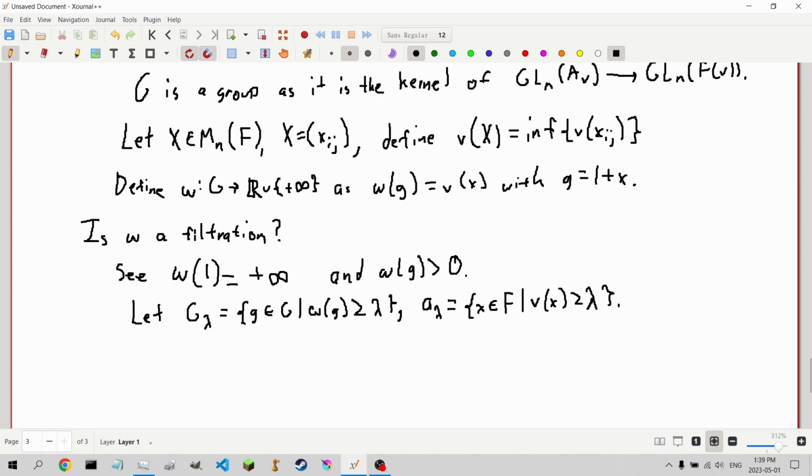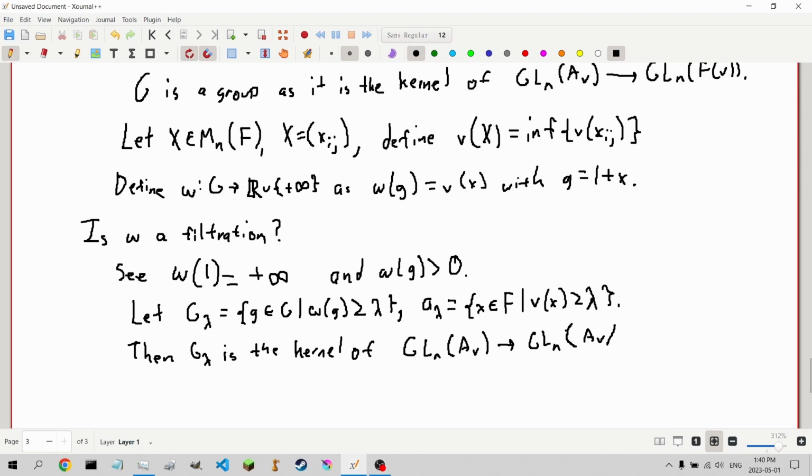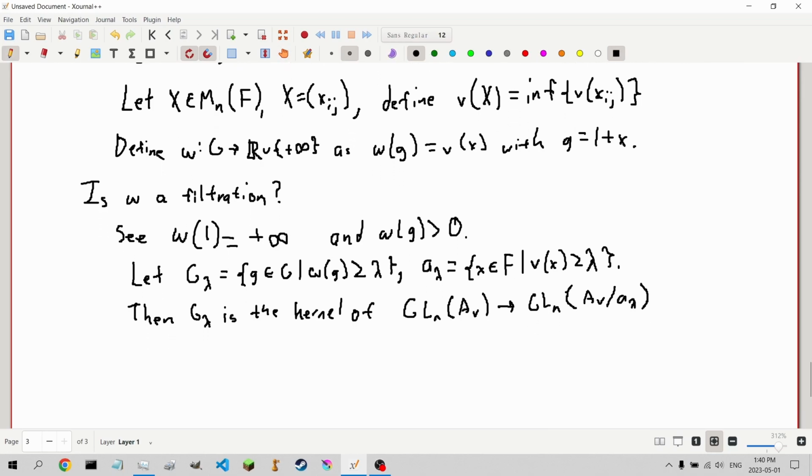So then we can see that G lambda is the kernel of the canonical homomorphism from GLN of AV to GLN of AV over this A lambda, where this morphism is of course the quotient map.